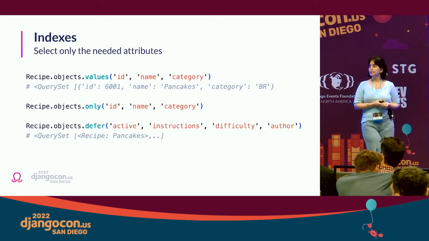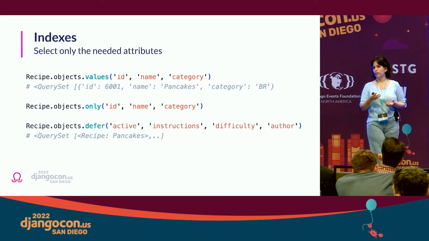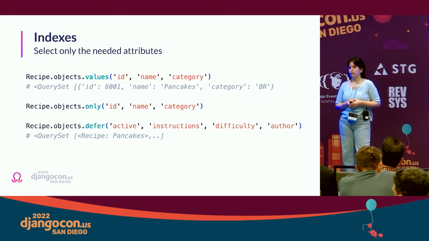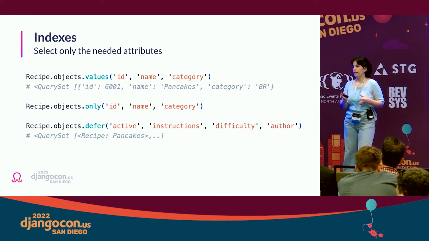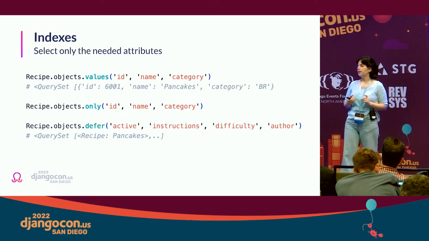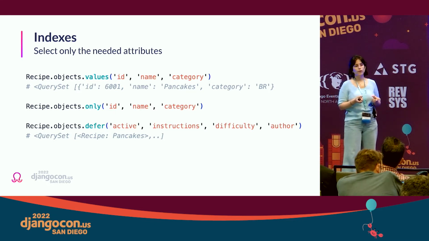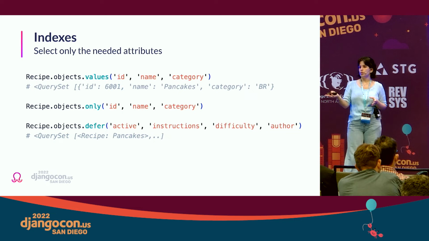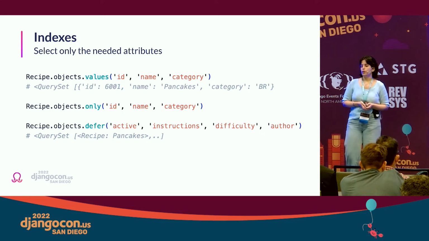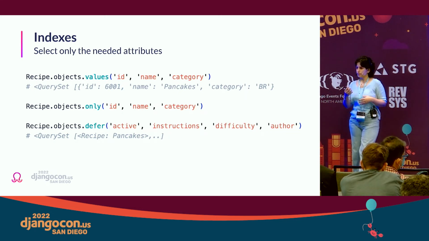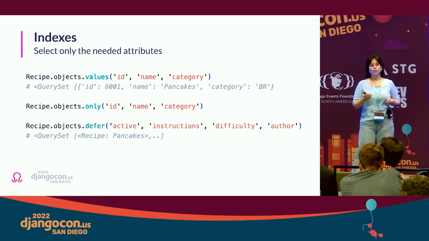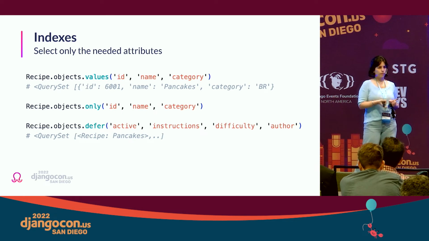And the other thing is that the probabilities for being able to use an index-only scan are bigger if I only use fewer attributes, because if my index has the same attributes as my query, then the index can be used alone to get all the data, and you wouldn't have to check the tables in the disk. So this could improve the performance a lot. So Django provides two ways of selecting only a small portion of columns in a table.